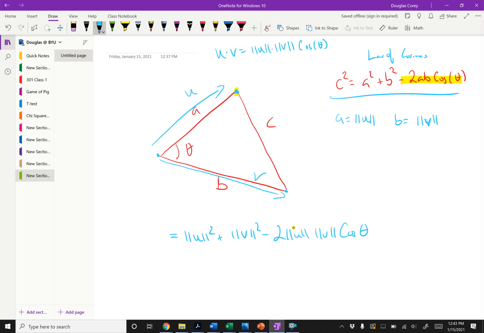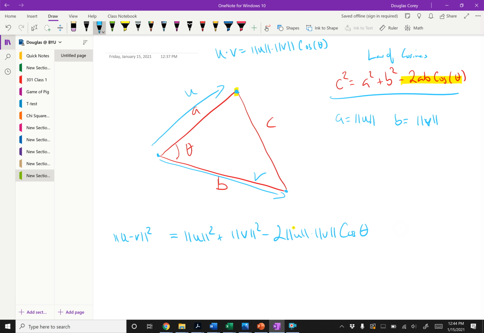To get this vector, we can do subtraction. We can do u minus v or v minus u. That'll get us a vector that goes from the head of one to the head of the other. Since we're squaring it, it doesn't matter which one we do, so we can just take u minus v, norm squared. So now we have everything in terms of u and v.